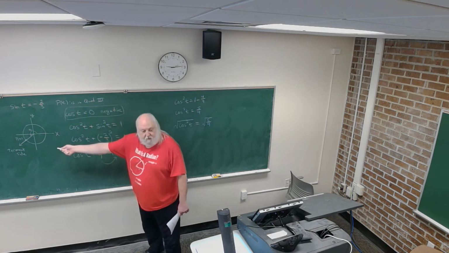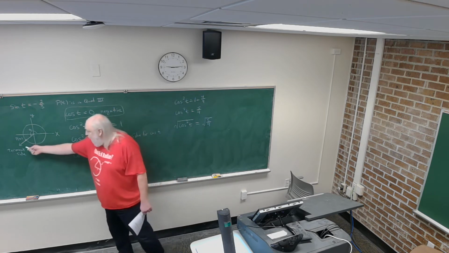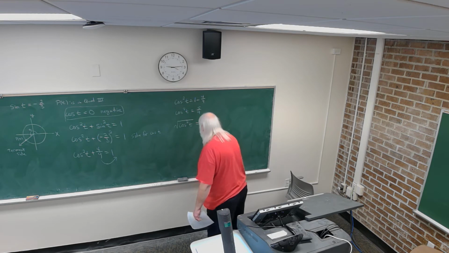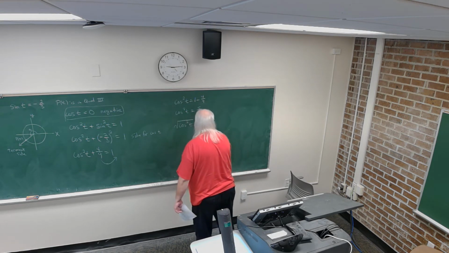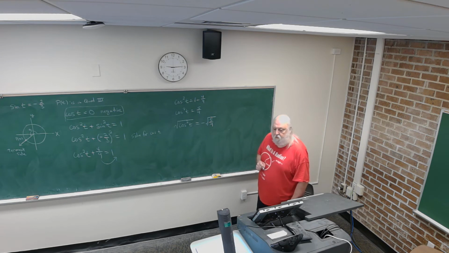Right? Because P of t is in the third quadrant, the terminal side is in the third quadrant. Cosine is negative in the third quadrant, right? So what we actually should have on the right hand side is minus the square root of 5/9. Okay.